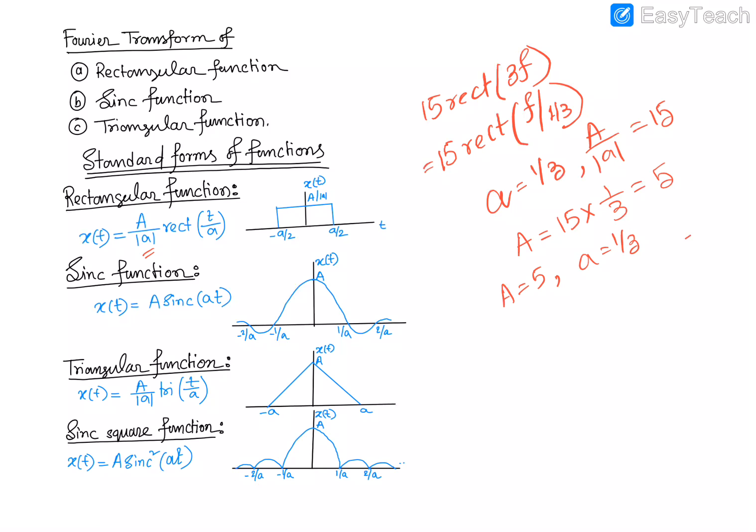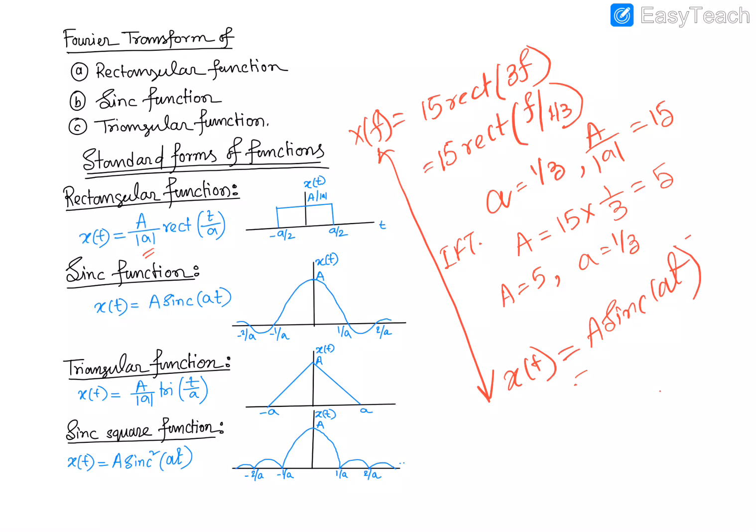So we know that for a rectangular function in the frequency domain, in the time domain it will be a sinc function, the inverse Fourier transform. So for X of f, the inverse Fourier transform x of t is A sinc at.